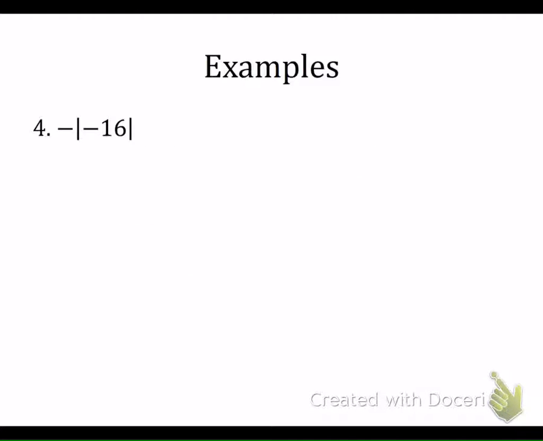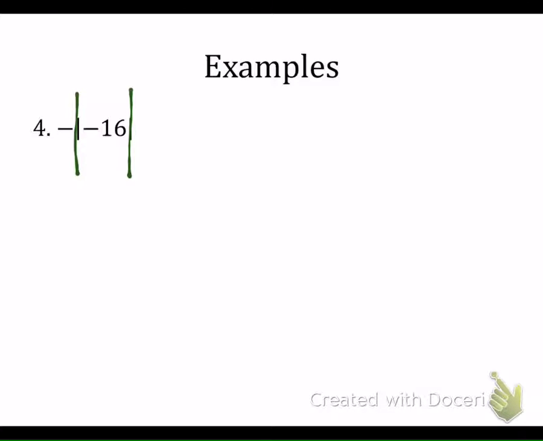All right. We write absolute value using those bars right there. So whatever is inside the bars becomes a positive. So if I want the negative absolute value of negative 16, it's sort of like order of operations, a grouping symbol.